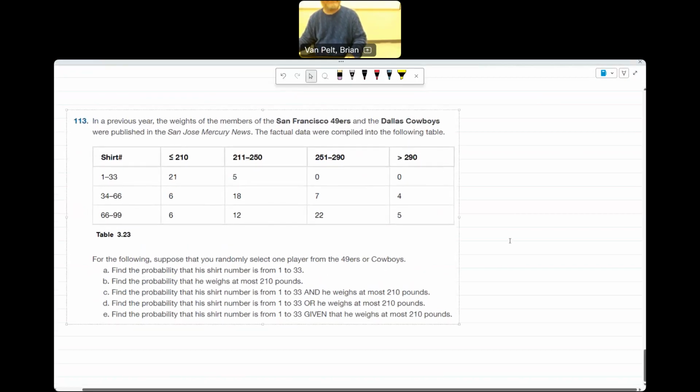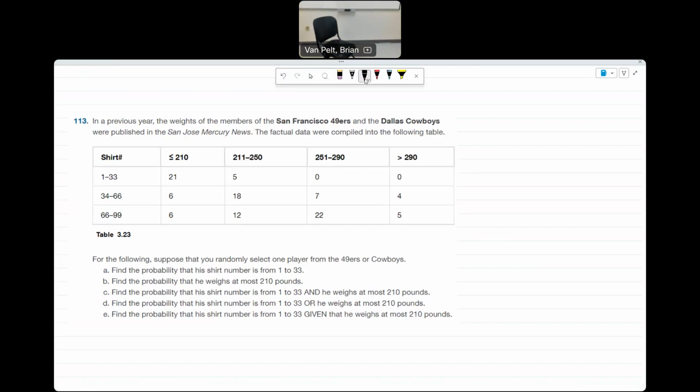Okay, let me buzz through this quickly so we have time to finish up, I hope. If you're given a table, immediately start doing this if they don't do it for you.